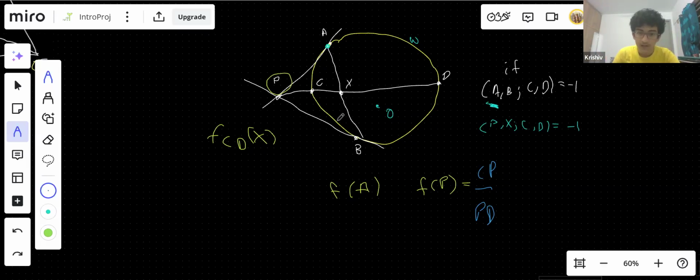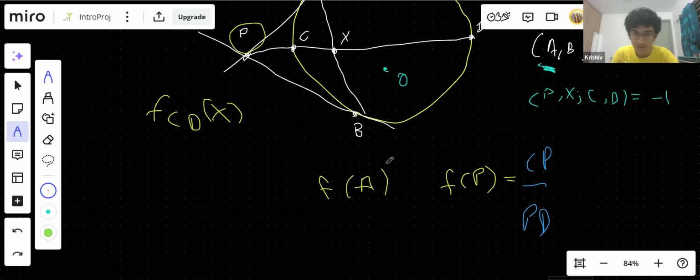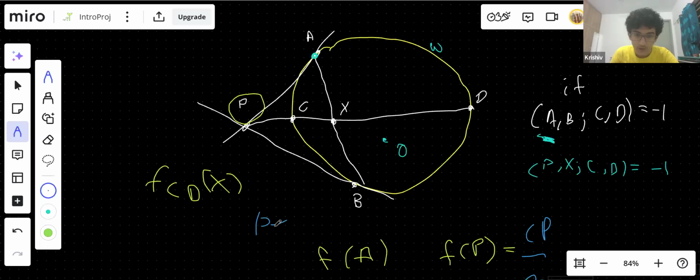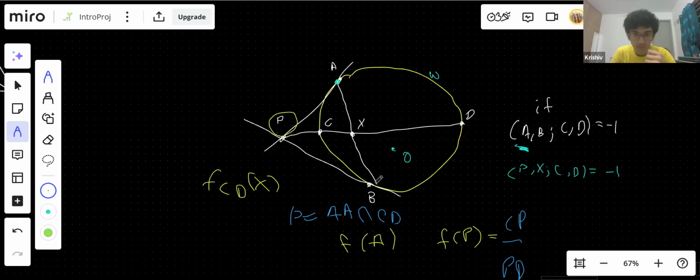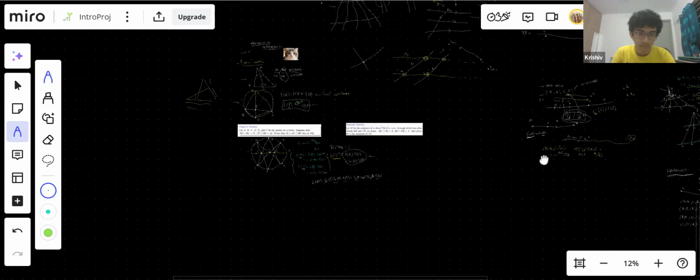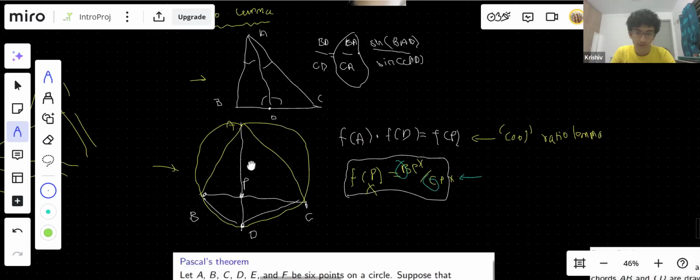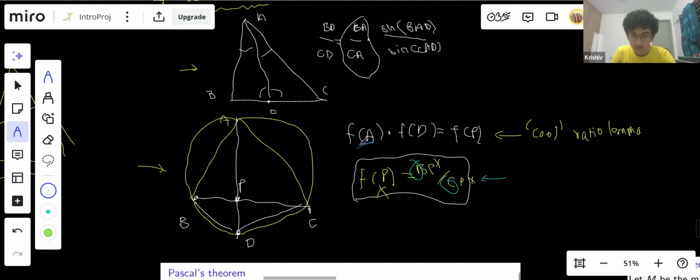But note that P is just equal to AA cap CD, right? So if we go back to the ratio lemma, f of A times f of D is equal to f of P, right? And A and D are on the circle.